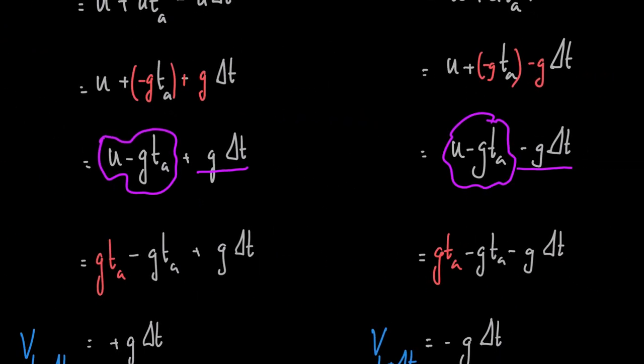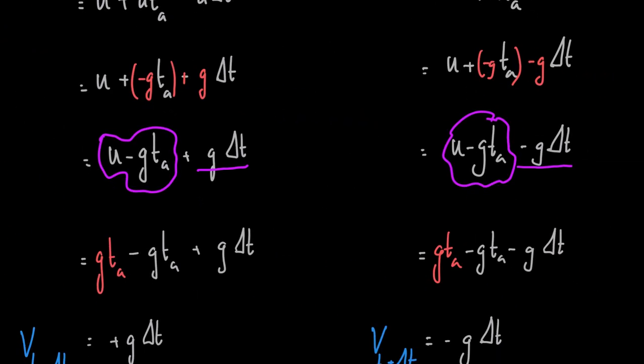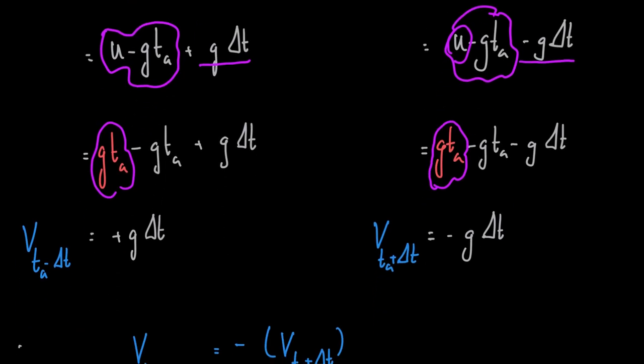If we plug in that value here, u is equal to g TA, so g TA minus g TA is equal to 0.